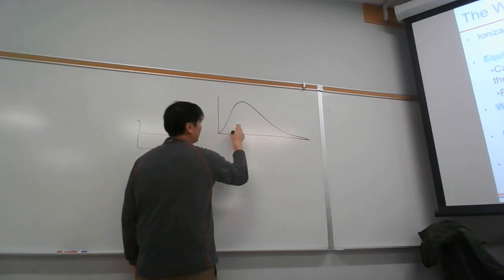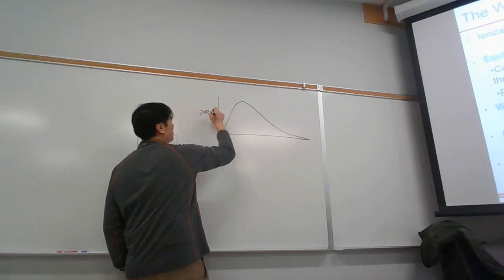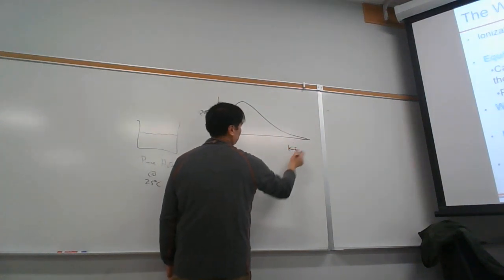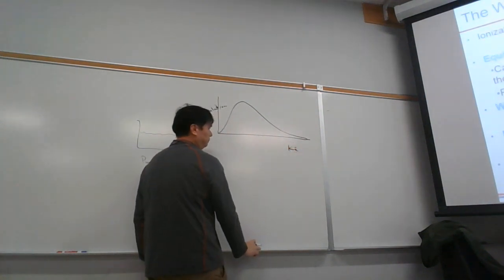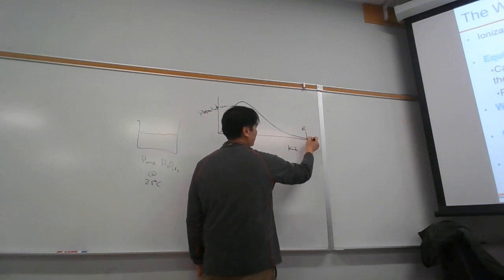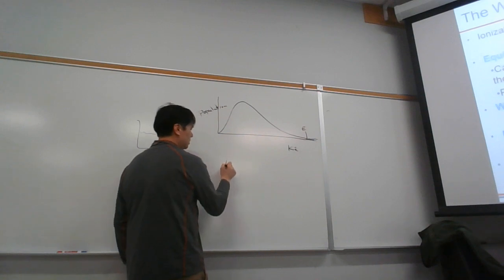What's this called? Maxwell-Boltzmann distribution, and it shows us the population versus the kinetic energy. And there's going to be a high energy cutoff here. If we have energies above this, that's enough energy to break bonds here.